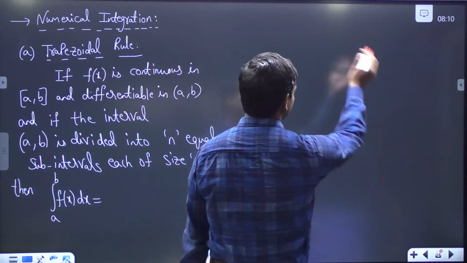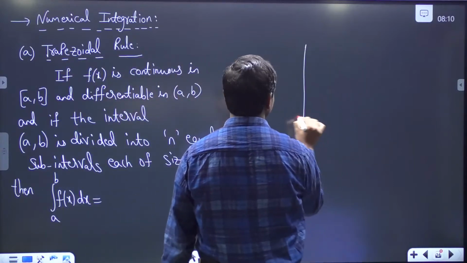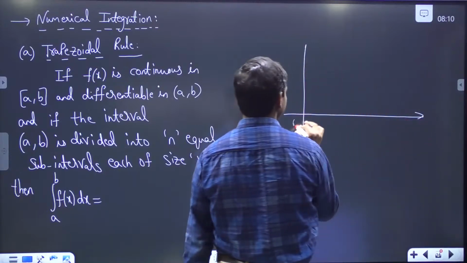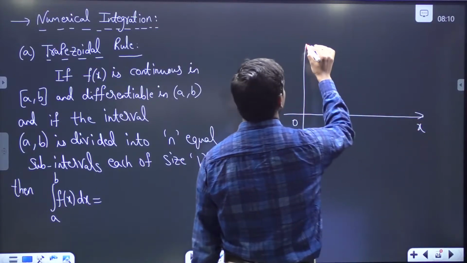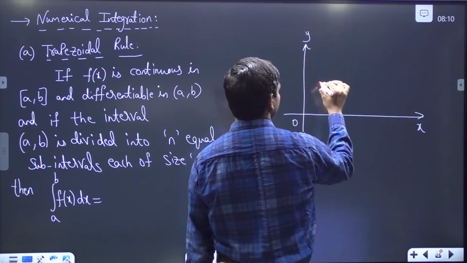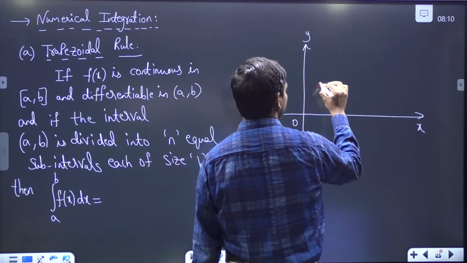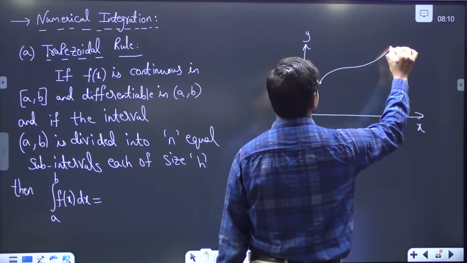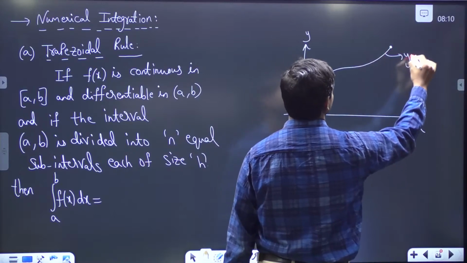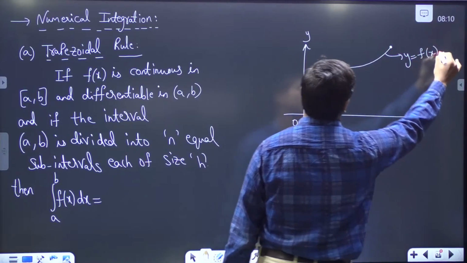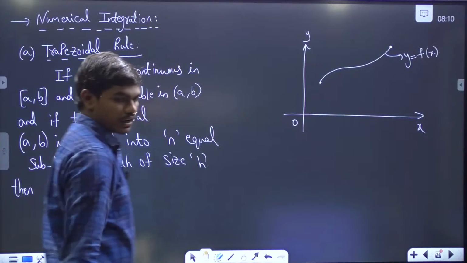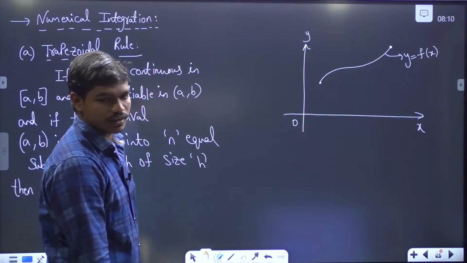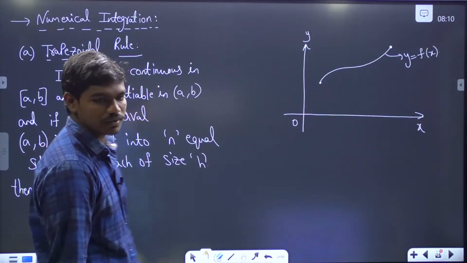See, 0, x, y, and for example, something like this, some random curve, y is equal to f of x. Now, h by 2 into y naught plus yn plus 2 into y1 plus y2 plus and so on plus yn.